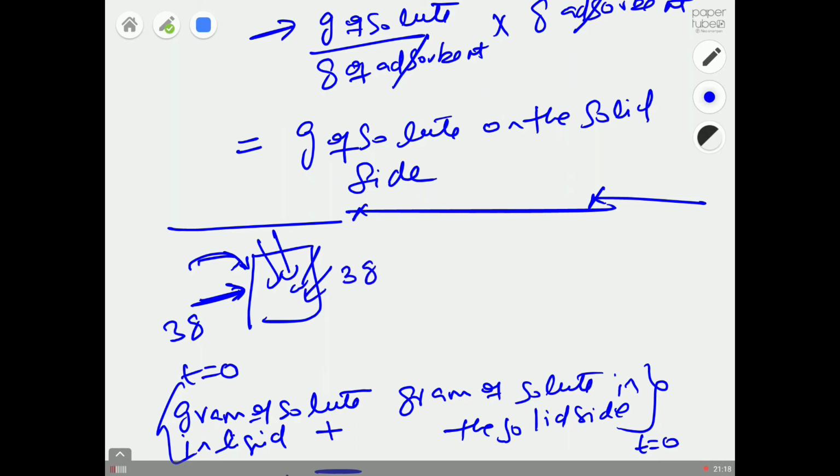The only difference is that the concentration in the solid may be higher at equilibrium, whereas the concentration of solute in the solid will be 0 when time t is equal to 0.